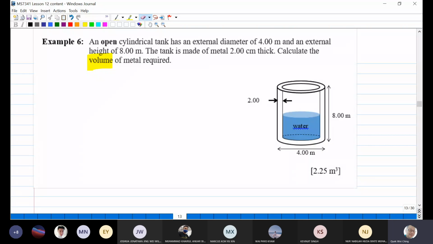So first of all, what does this open cylinder tank mean?